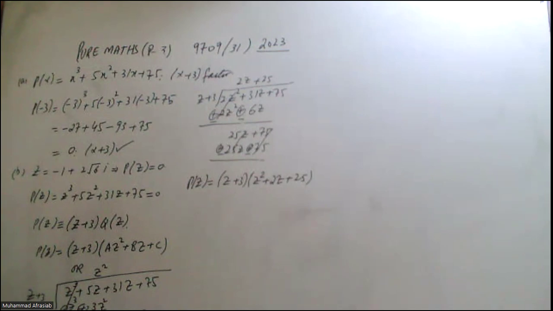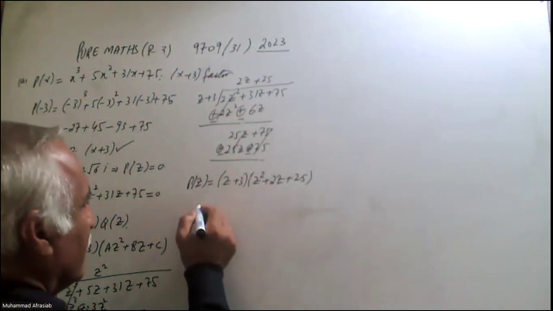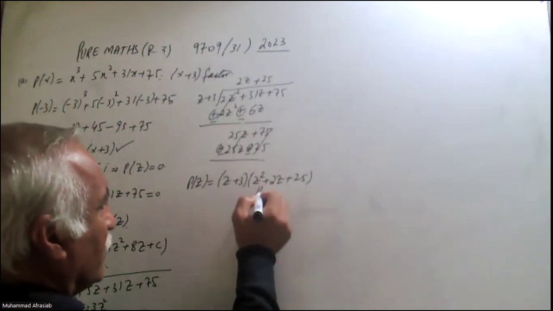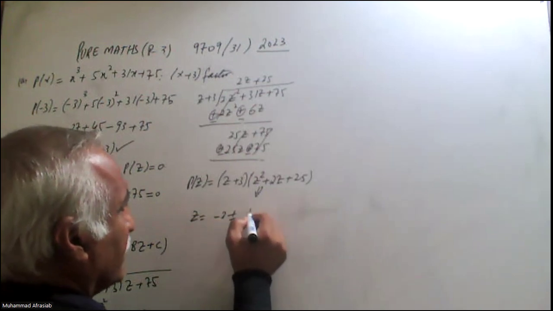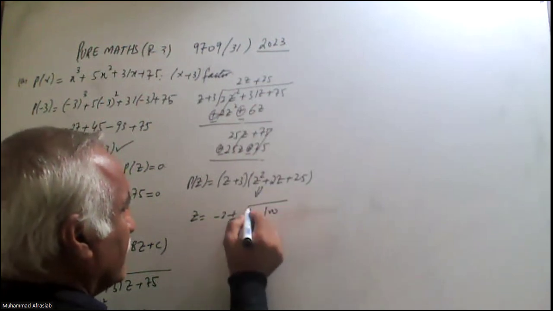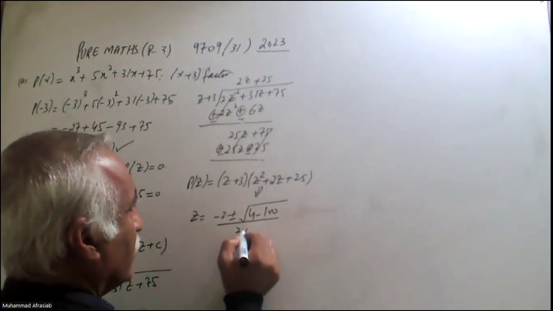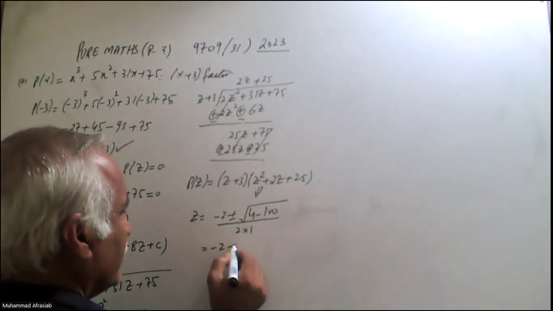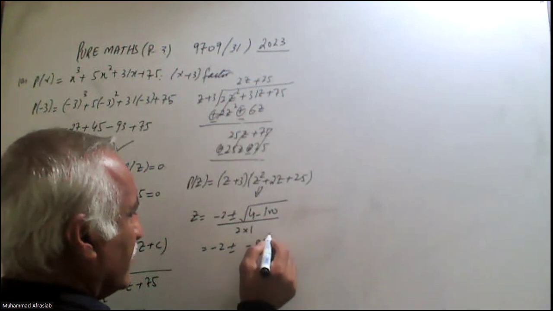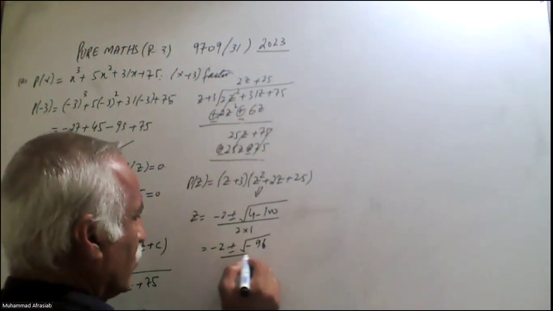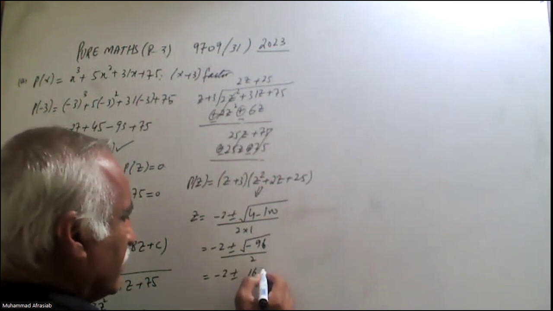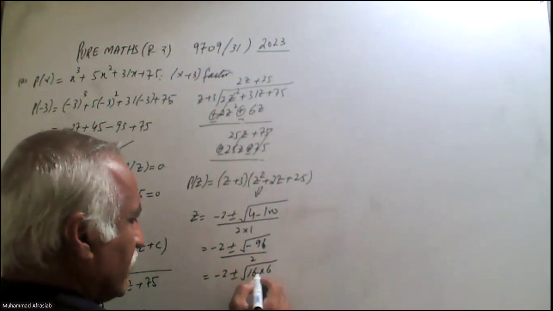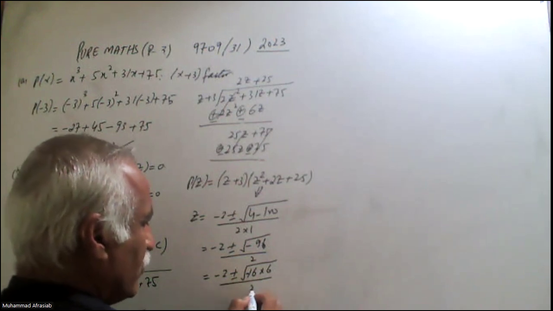Now z is equal to minus 3 for the first factor, and for the other two factors we can use the quadratic formula. So z is equal to minus 2 plus minus root of 4 minus 100 over 2 into 1. That is minus 2 plus minus root of minus 96 over 2, which is equal to minus 2 plus minus 16 into 6 with the minus sign over 2.